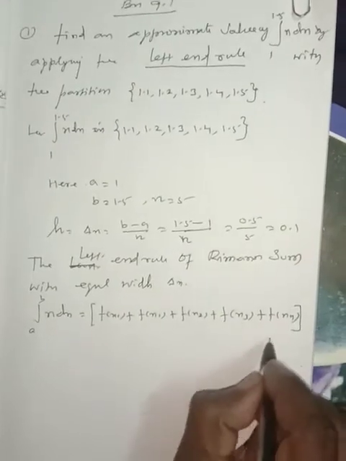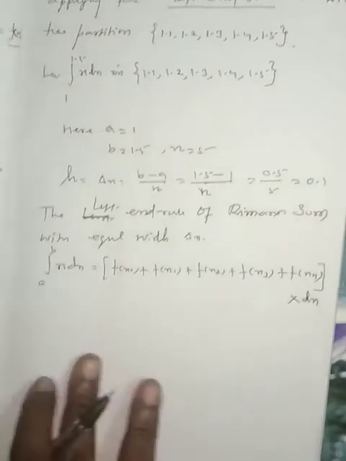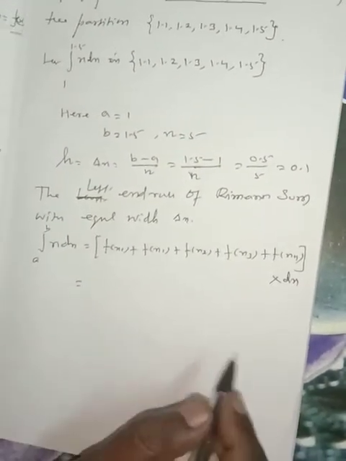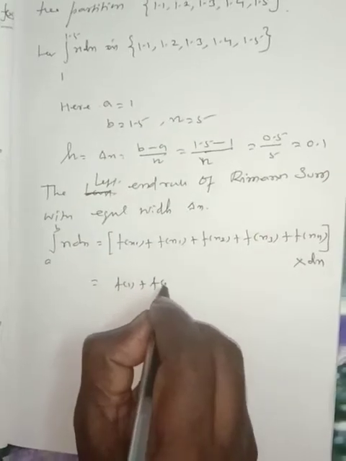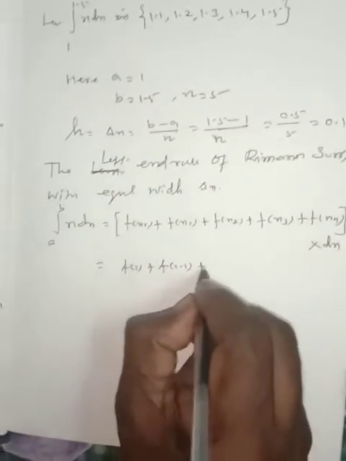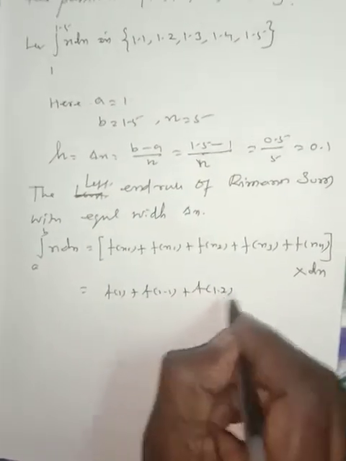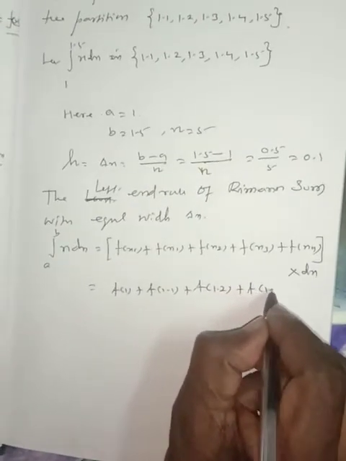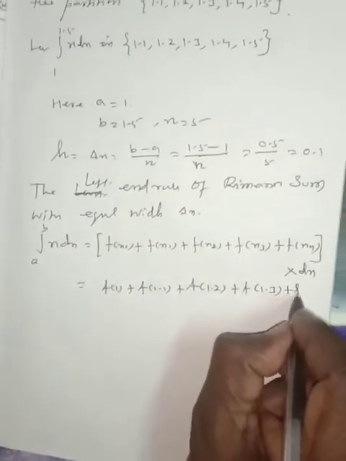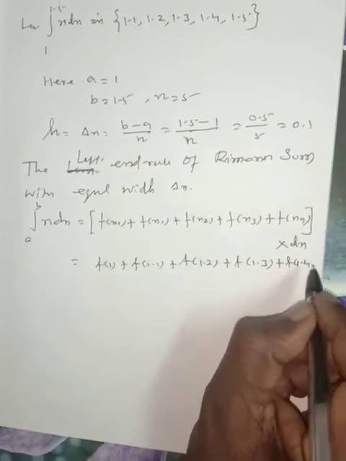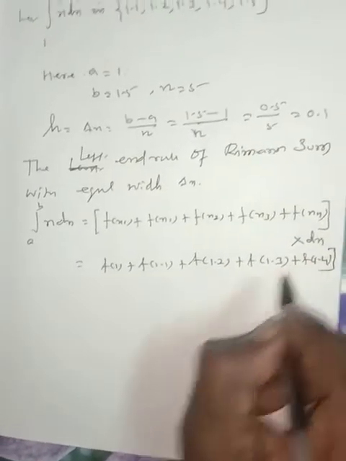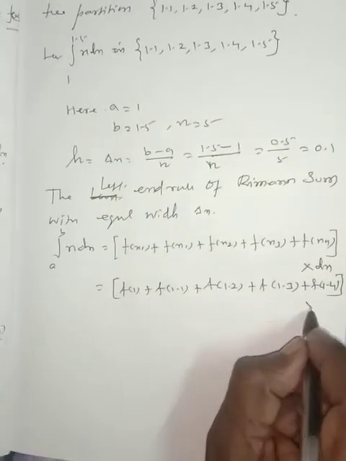In this case that is f of 1 plus f of 1.1 plus f of 1.2 plus f of 1.3 plus f of 1.4, into dx.